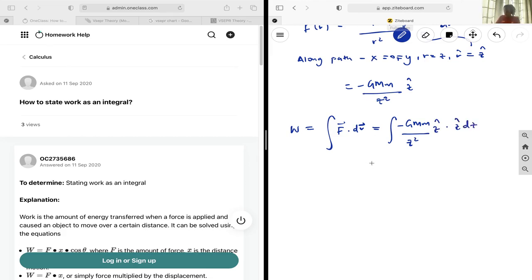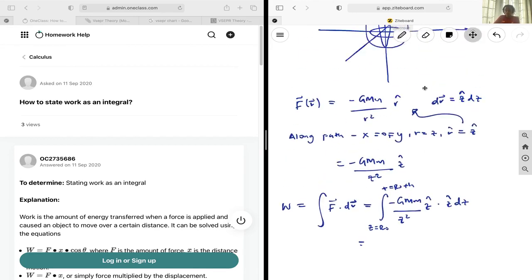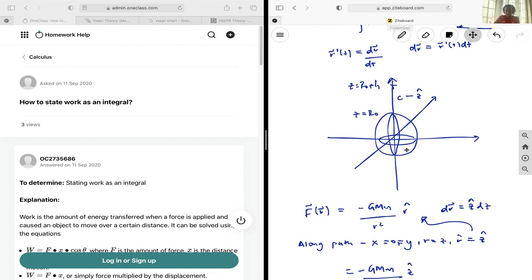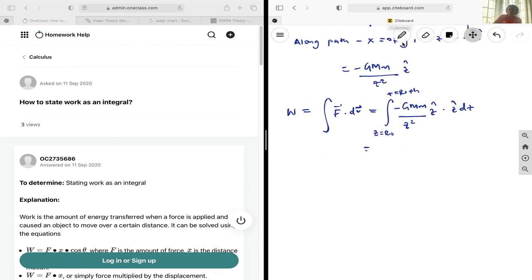When we take the dot product of those two, it's going to be from z equal to R0 to z equal to R0 plus h, because we're finding how much work is done in between here and here. When we take the dot product and pull out any constants, we get negative G M m, the integral from R0 to R0 plus h of 1 over z squared dz.